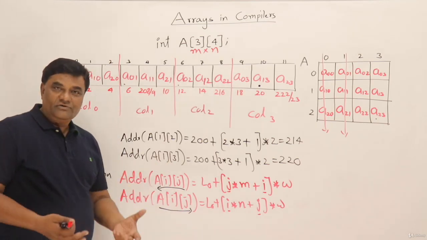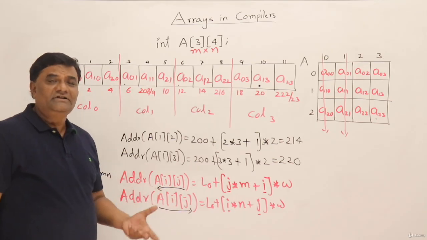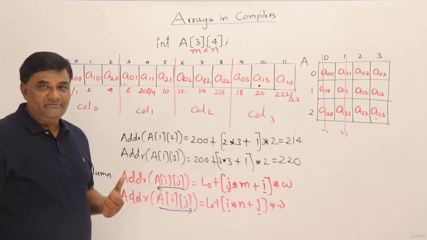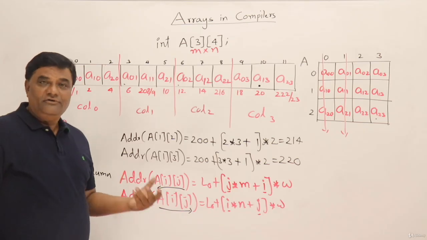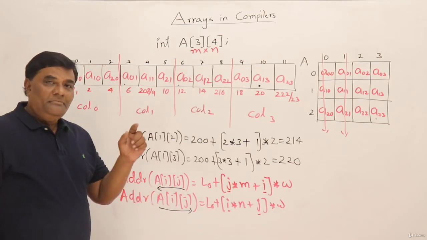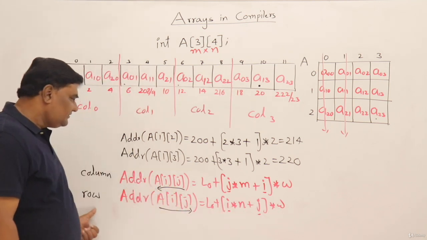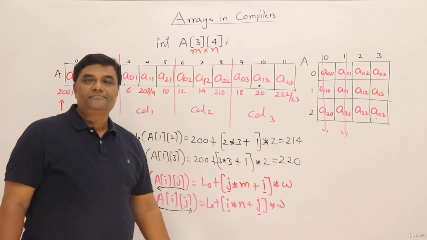If you are designing your own compiler, then you have the option to select any one. Both are equally efficient. There is no difference in them. We can't say one formula is better than another in any situation. But C++ follows the row major formula.